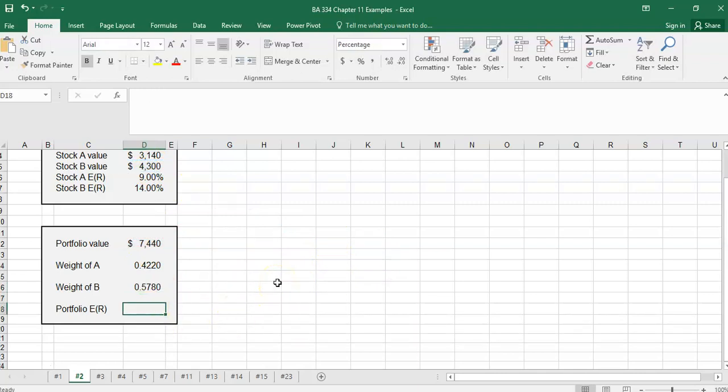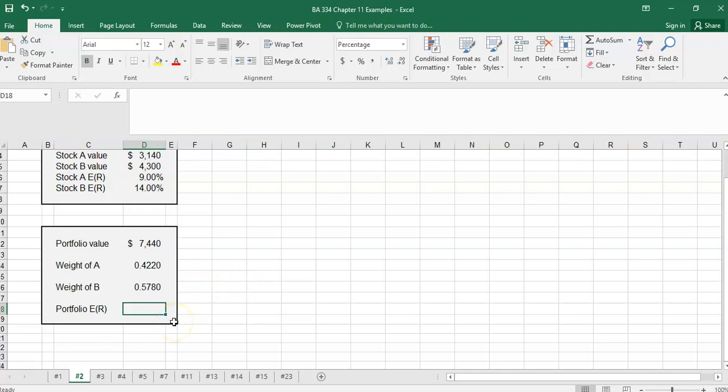Now to calculate the expected return on the portfolio, you take the expected return for the stock times the weight of the stock in the portfolio and then add those two results together.